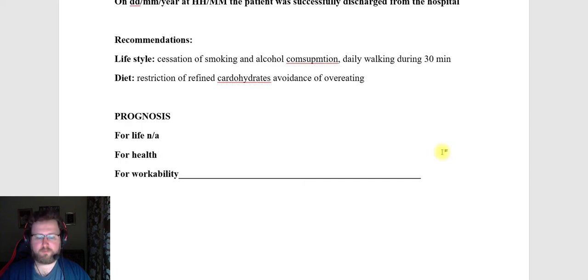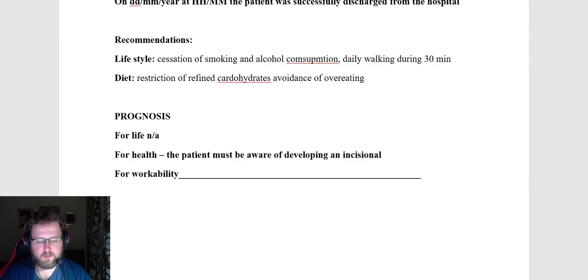So for healthcare problems, you can point out that the patient must be aware of developing an incisional hernia at the surgery site.